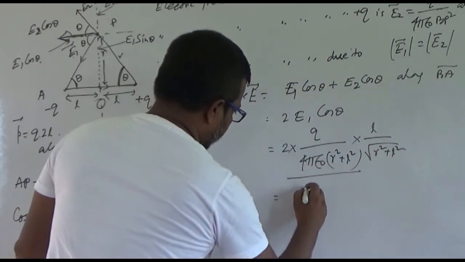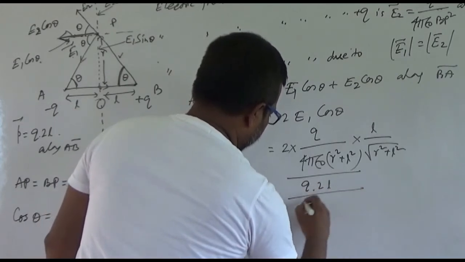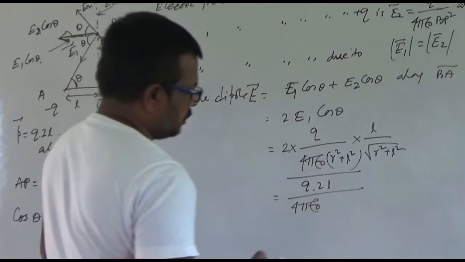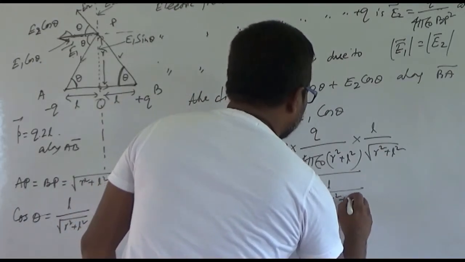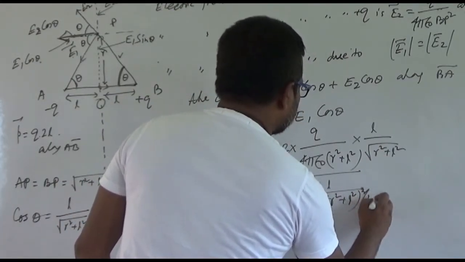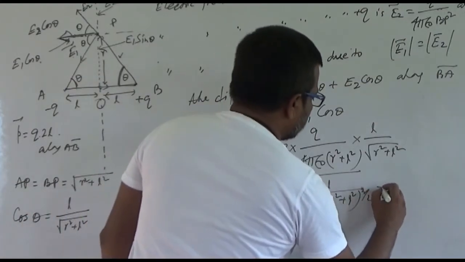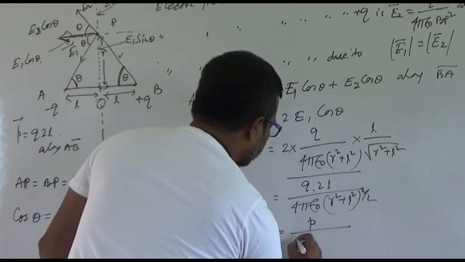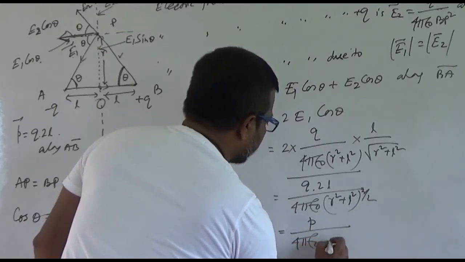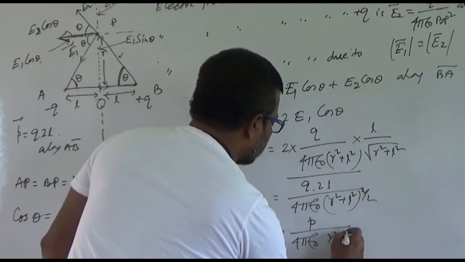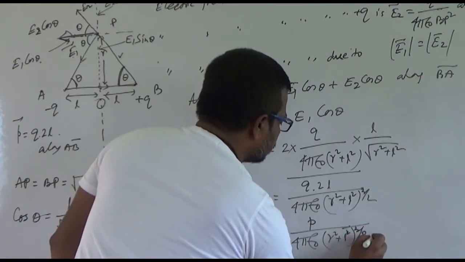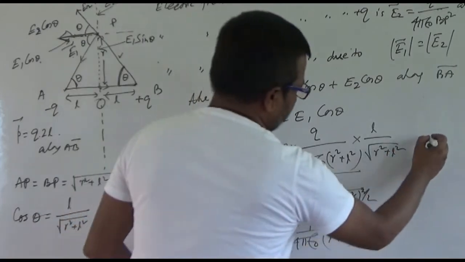From here you can write Q into 2L divided by 4 pi epsilon naught R square plus L square to the power 3 by 2. Q into 2L is P, so P divided by 4 pi epsilon naught R square plus L square to the power 3 by 2, along BA.